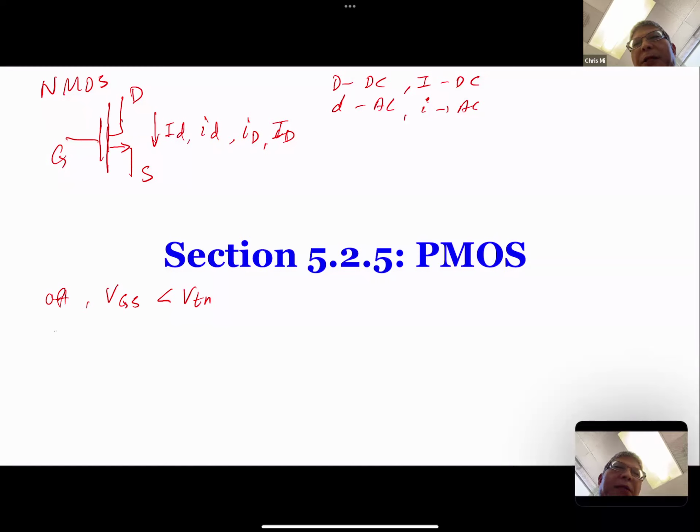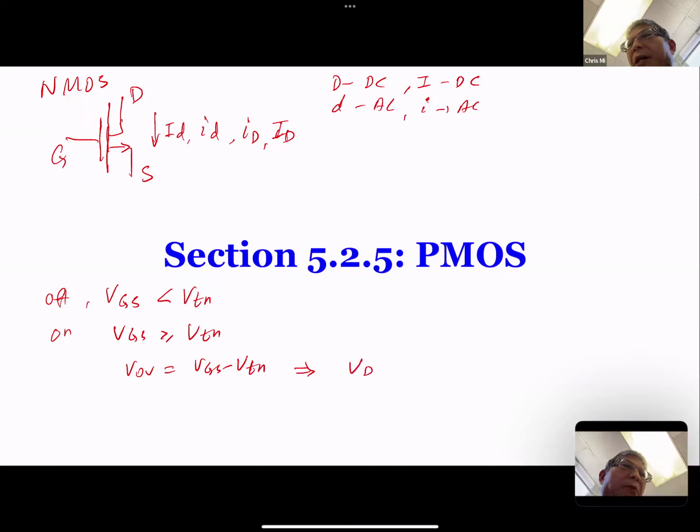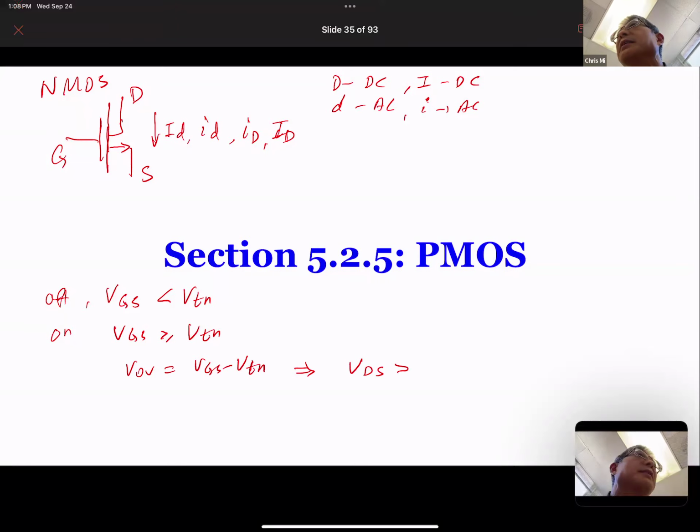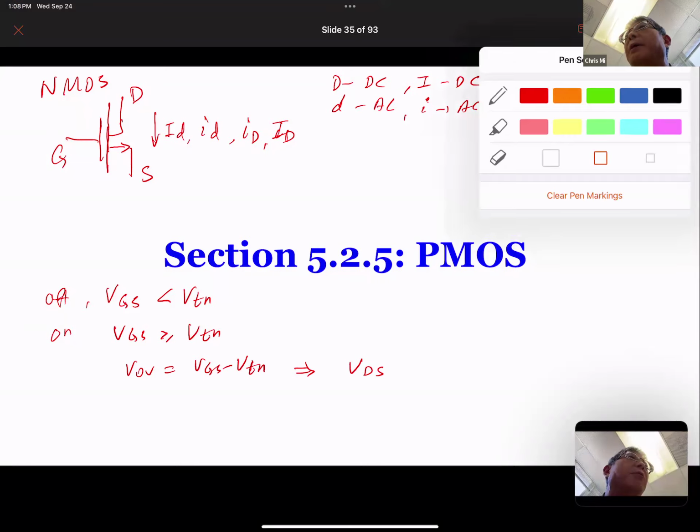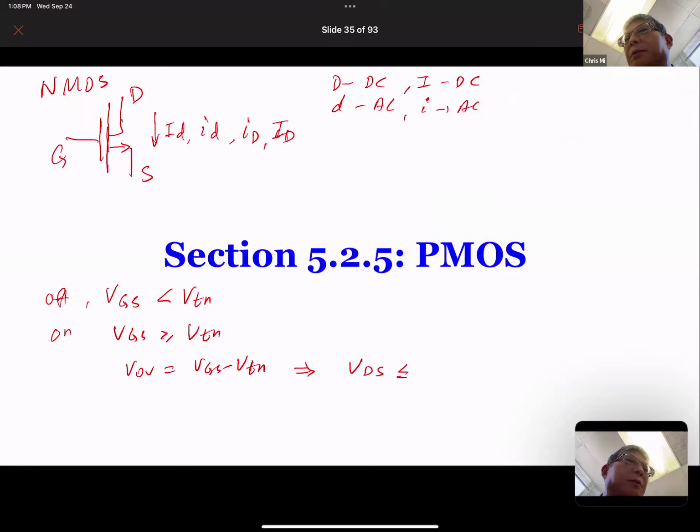For it to be on, or to conduct, VGS has to be larger than VTN. The difference we call overdrive voltage, VGS minus VTN. Within this mode, we look at VDS. If VDS is less than VOV, then it will be in the triode mode.